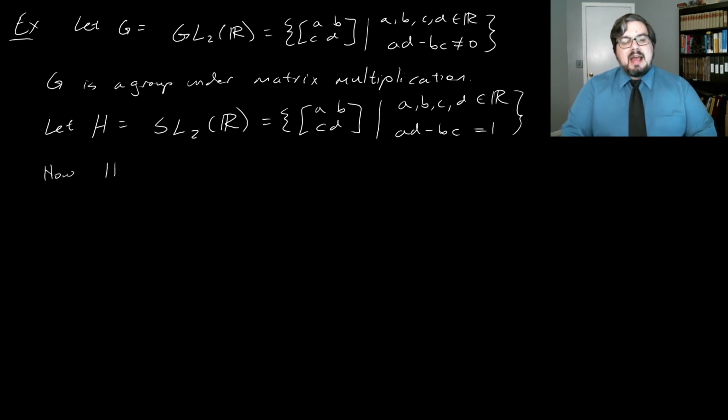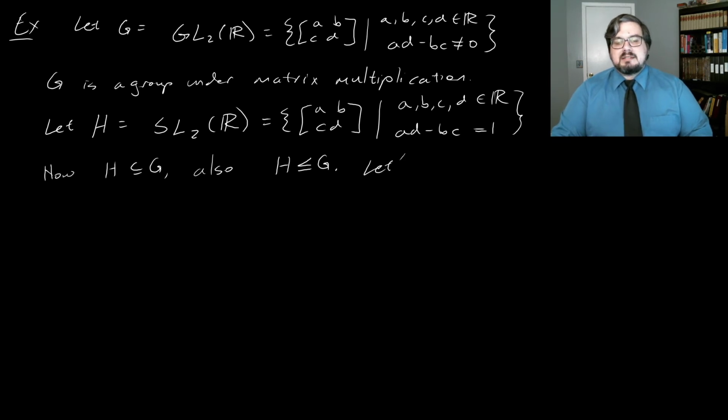So now we have that H is certainly a subset of G. Also, as it turns out, H is a subgroup of G. Let's take that for granted, but let's show that H is a normal subgroup of G.